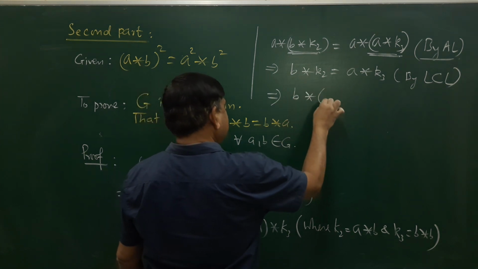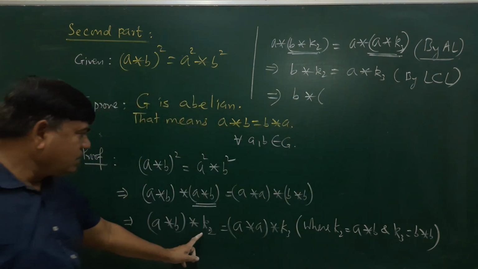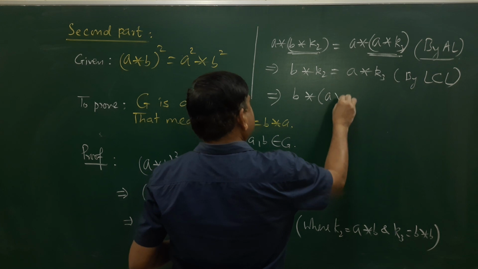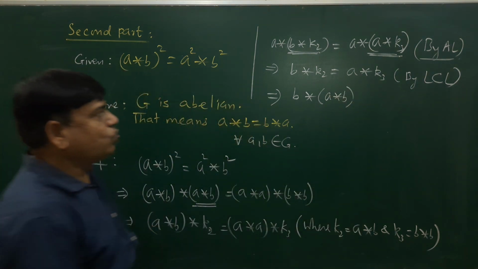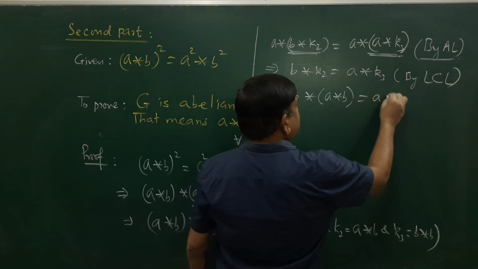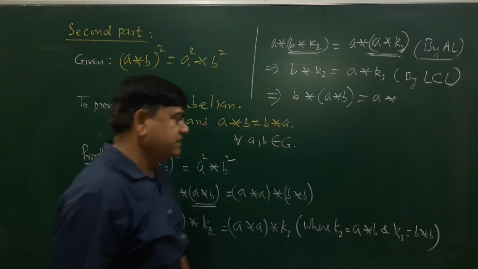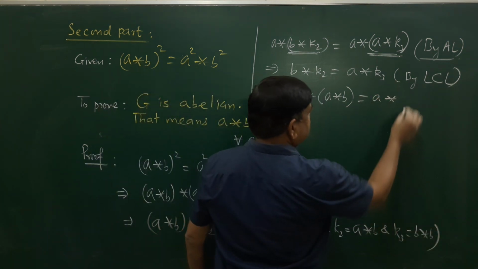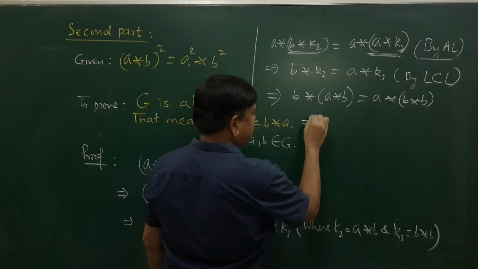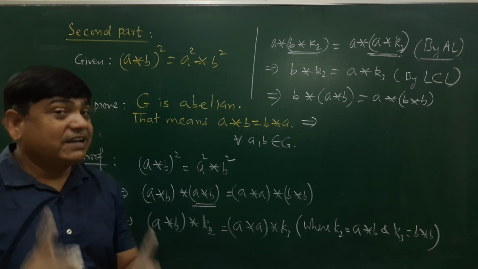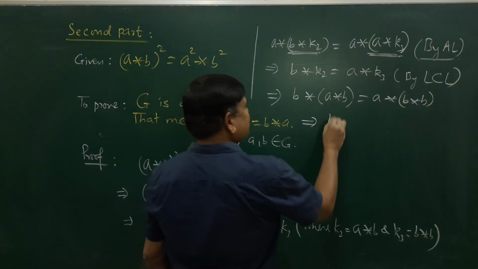B as this K2. What is K2? K2 is A as this K. This equals K3, implies apply associative law.